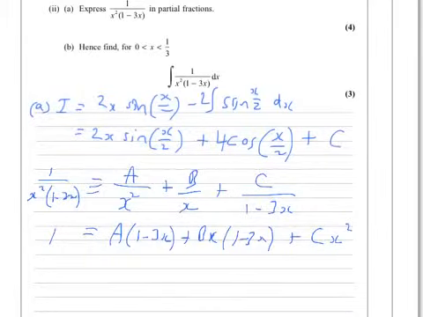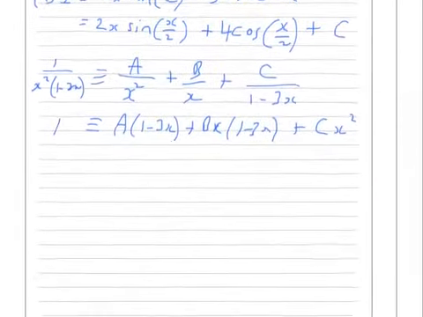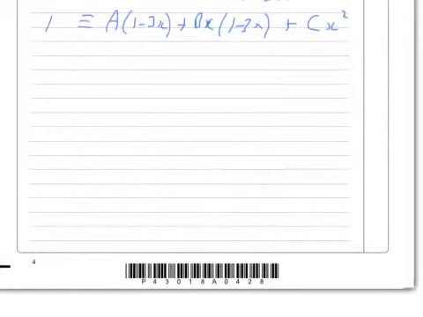And now we can choose whatever values we like. This is an identity still, so we can put whatever values we like in for x at this point to try and find what A, B and C are. The most straightforward thing is to put x equal to 0. Put x equal to 0, we get 1 equals, if x is 0, we get A here.